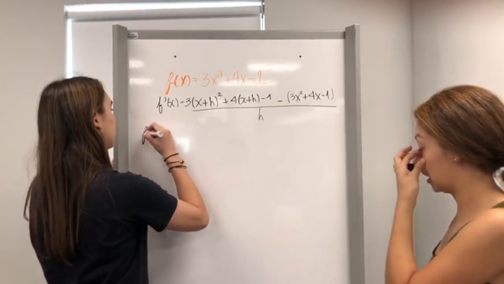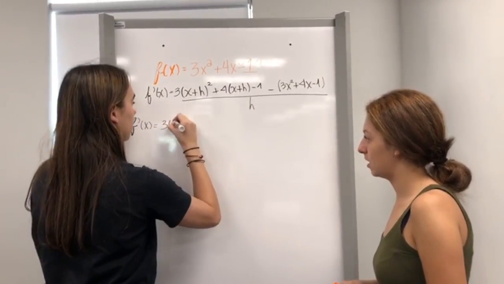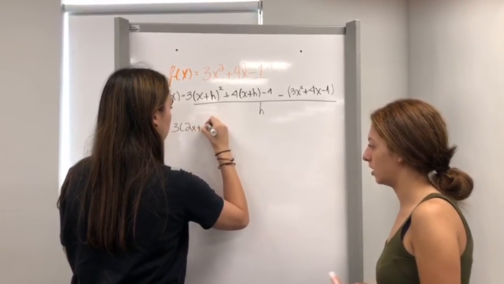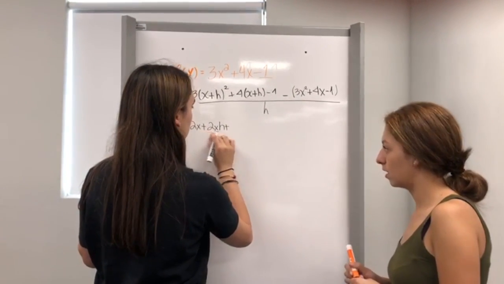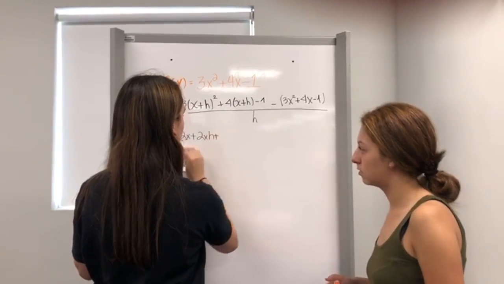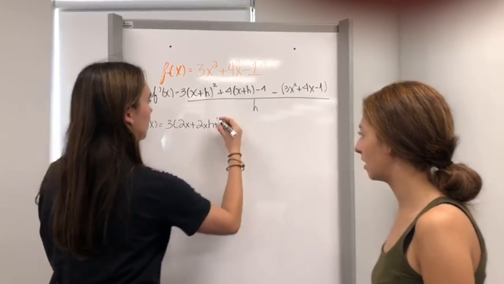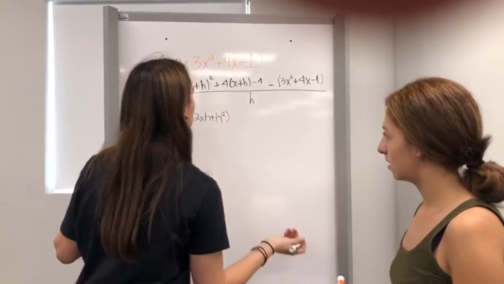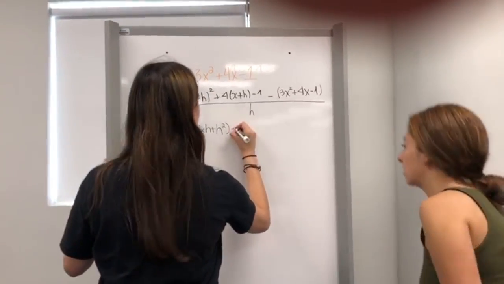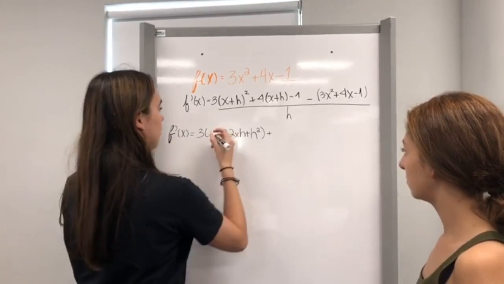3(x² + 2xh + h²). Here, the first thing that we have to do is the exponent. As the parentheses is squared, we have to open it.